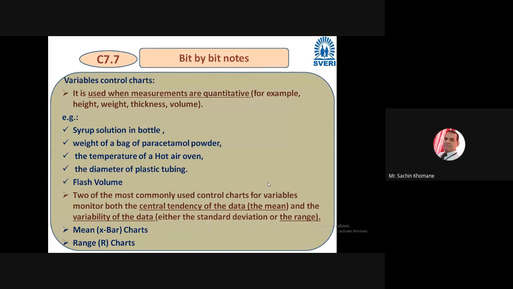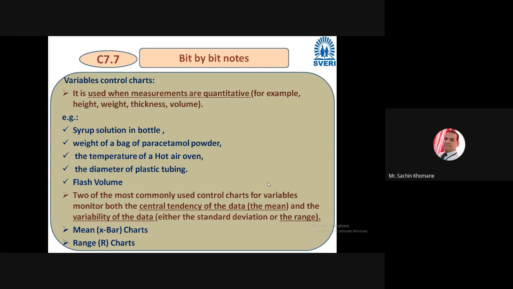Can somebody tell me how to calculate mean, arithmetic mean? Put it in the chat box.